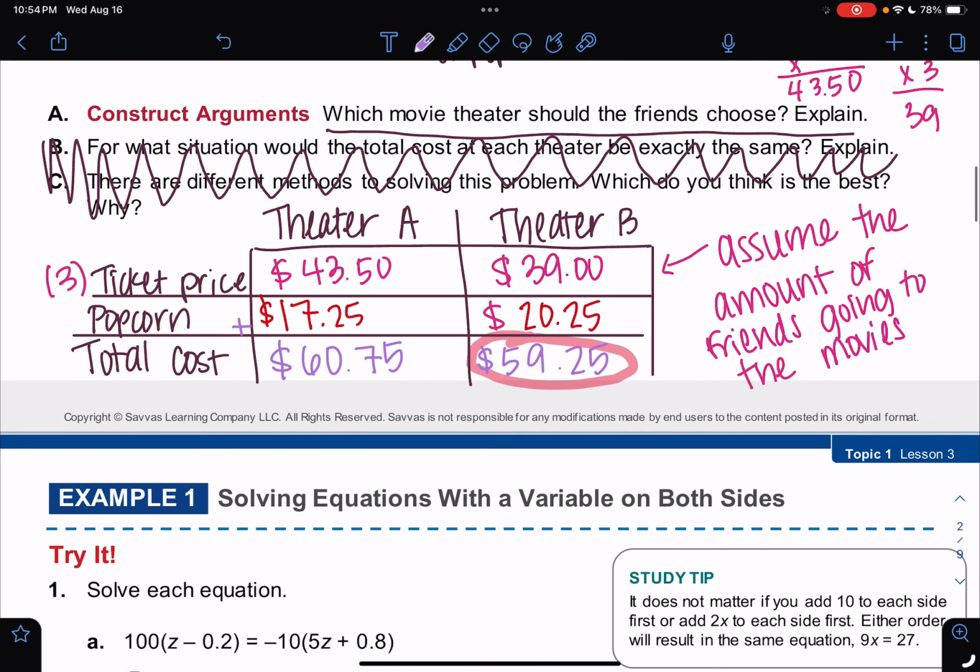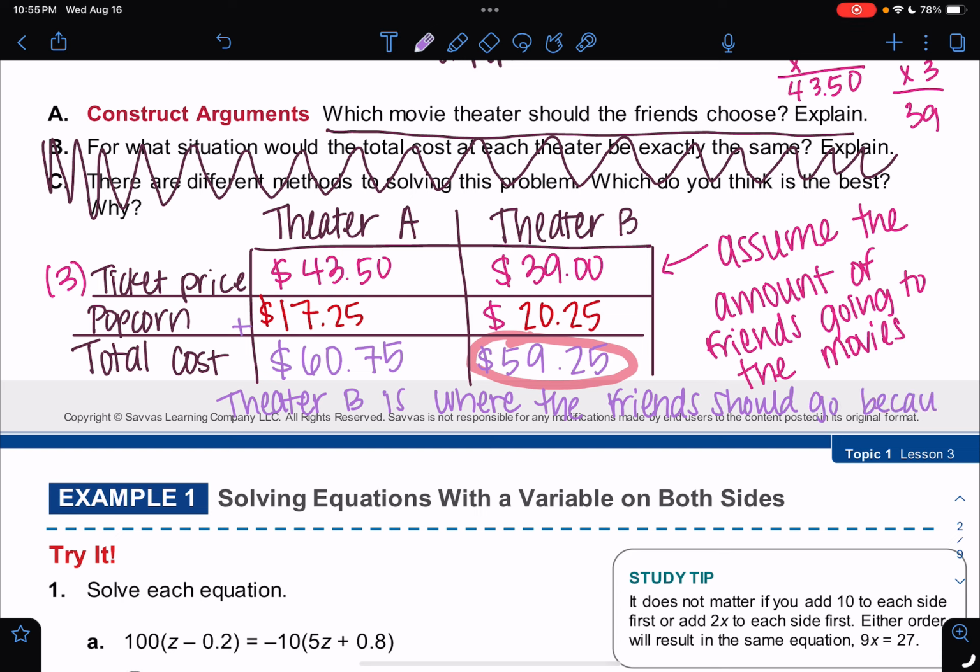So theater B, oh, I spelled it wrong. Is where the friends should go because it's cheaper for 3 people here.